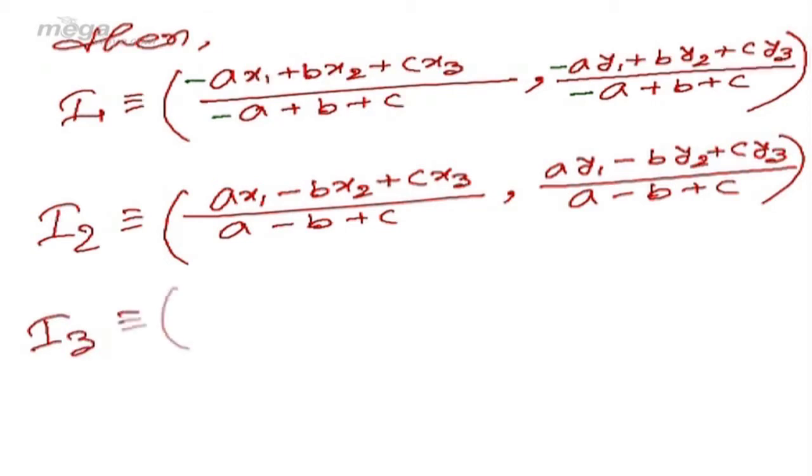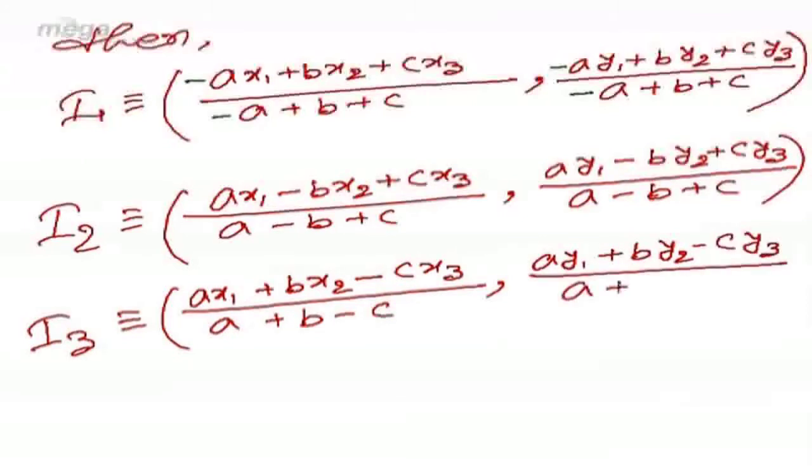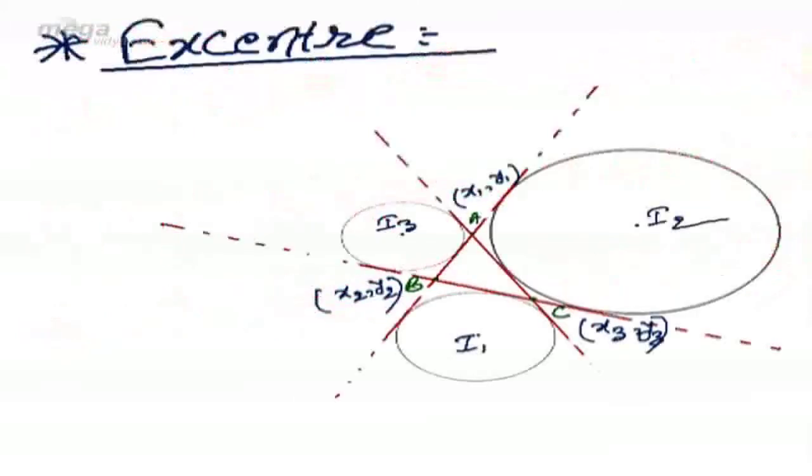And I3 is (ax1 plus bx2 minus cx3) upon (a plus b minus c), comma, (ay1 plus by2 minus cy3) divided by (a plus b minus c). So these are the coordinates of the three excenters, which lie outside the triangle like in this figure. These are I1, I2 and I3.